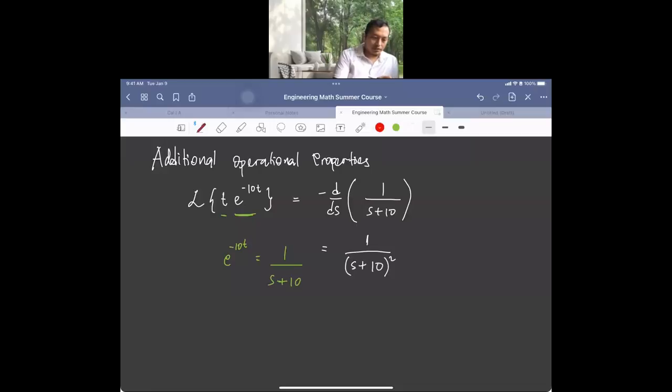This is the first way, using the derivative d/ds.